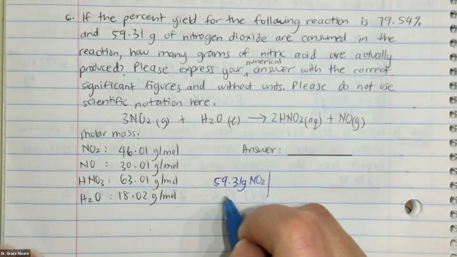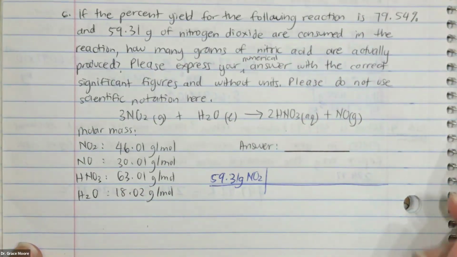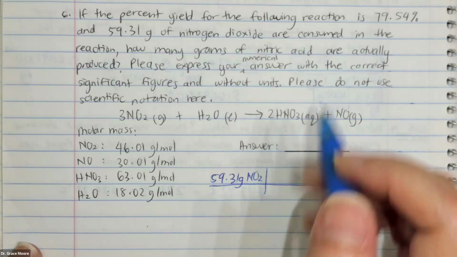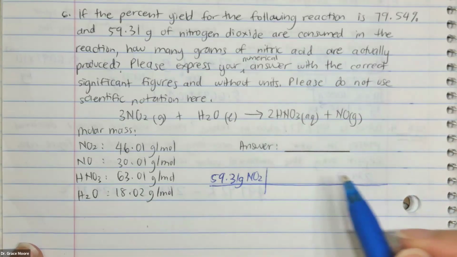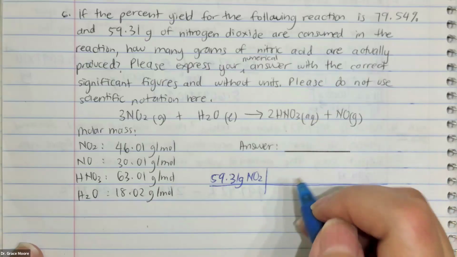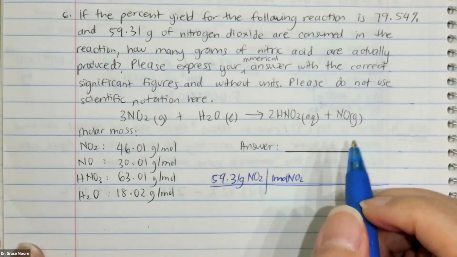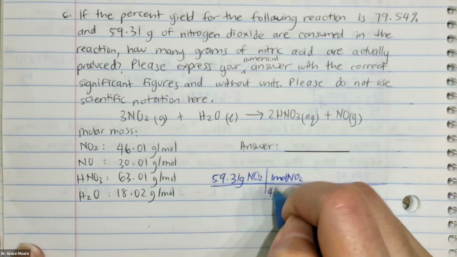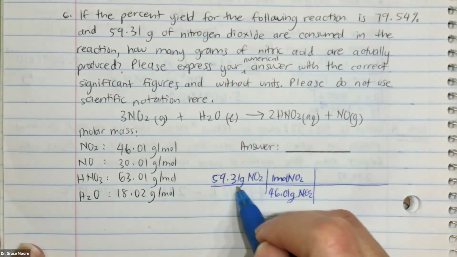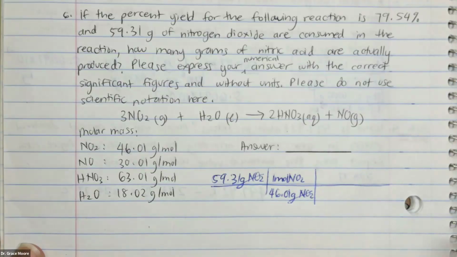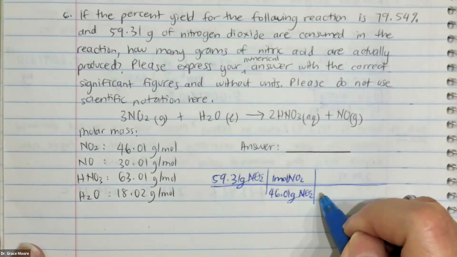Then I am going to convert to moles. Always convert to moles because you can't compare in grams. So we have to turn it to moles, and then we do the mole-to-mole ratio. It's always grams to moles, mole-to-mole ratio, and then back to grams. So in this case, 59.31 grams NO2, and 1 mole of NO2 weighs 46.01 grams of NO2. We cancel out grams of NO2, you get moles of NO2, and then we do the mole-to-mole ratio. We have 3 moles of NO2 to make 2 moles of nitric acid.